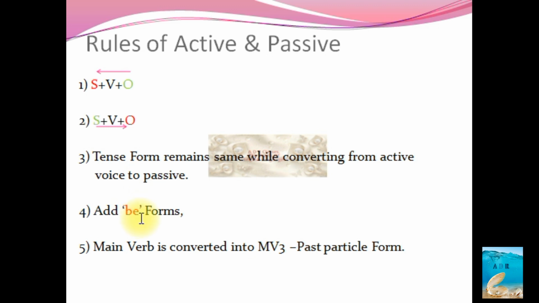Write is converted into written, eat into eaten, manage into managed. The main verb is always converted into past participle form. This is the fifth rule. The sixth rule is to add the conjunction by.